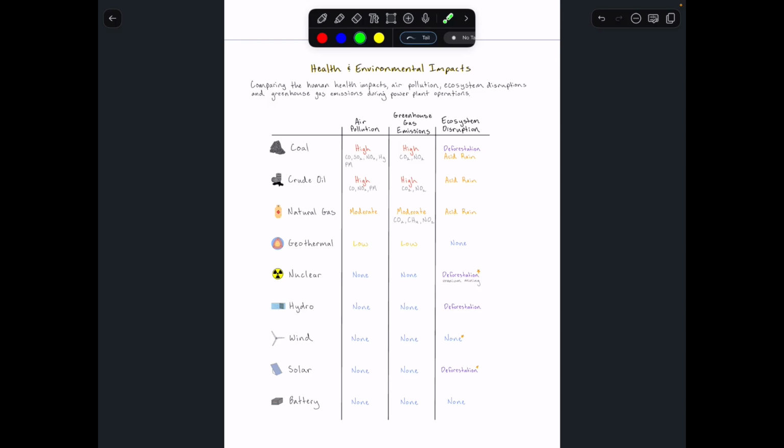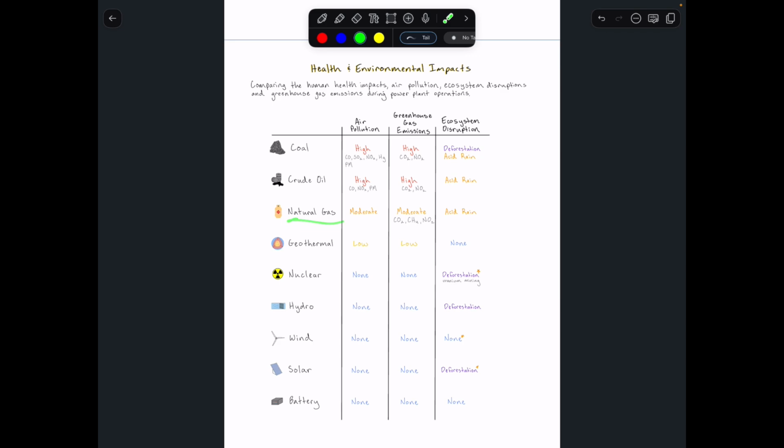And then crude oil is similar, but does emit fewer air pollutants than coal, but it still emits a high level of air pollutants and greenhouse gas emissions. It does not lead to deforestation, but it does lead to acid rain in nearby regions.